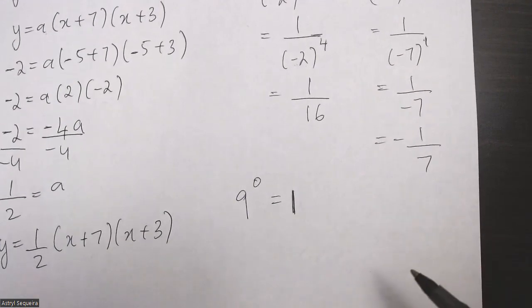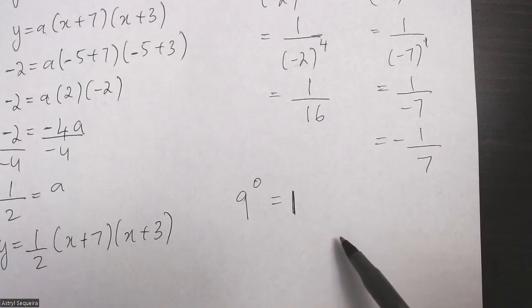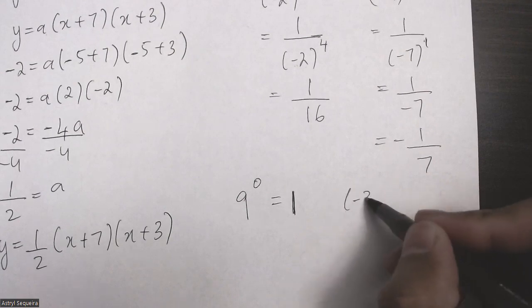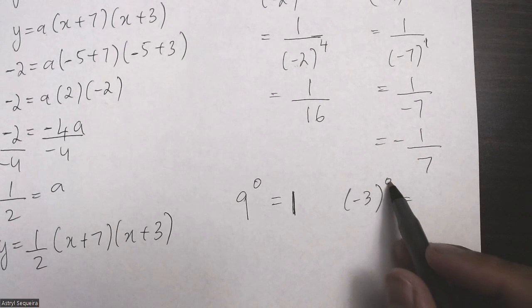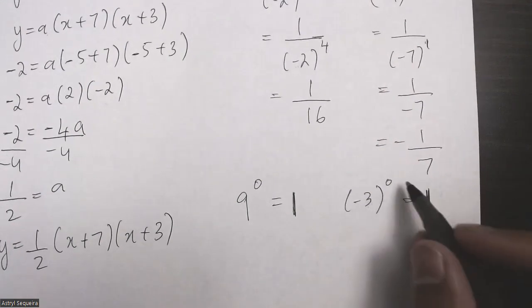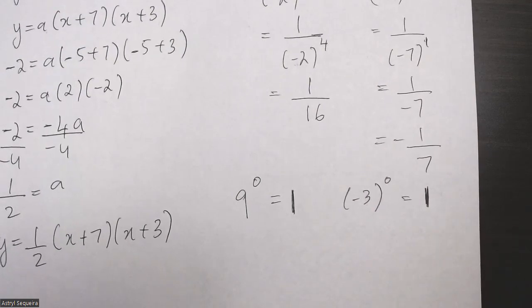And next one is, let's see, I have negative 3 to the power of 0. And again, negative 3 whole to the power of 0 is just 1 as well, because if there's anything inside a bracket and the power outside is 0, it just turns to 1.